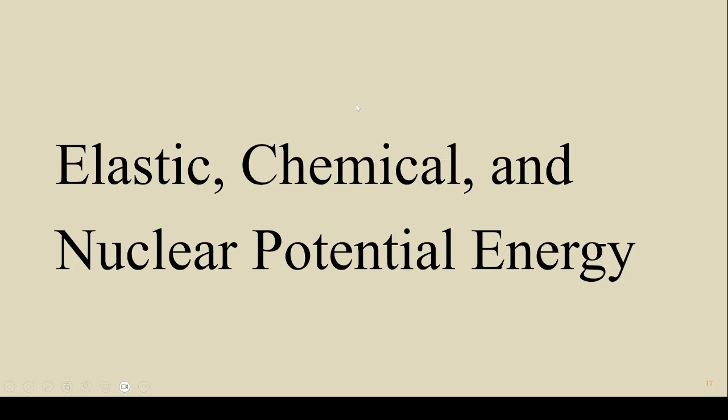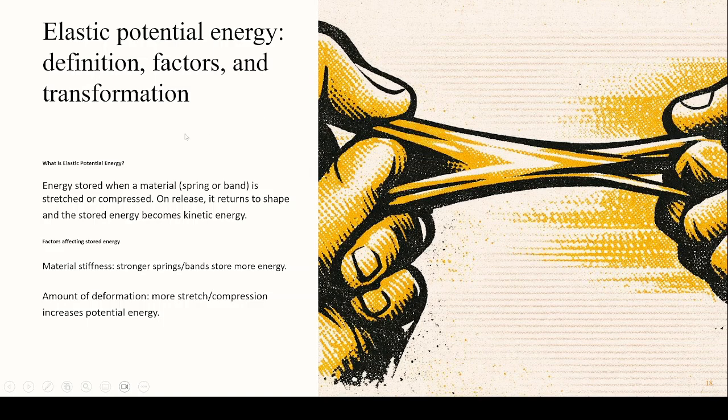Okay, so we saw gravitational potential energy. Let's look quickly at these three. Elastic potential energy: what affects elastic potential energy? One is the material strength or material stiffness. You can just say material strength. If it is stronger, it can store more energy.